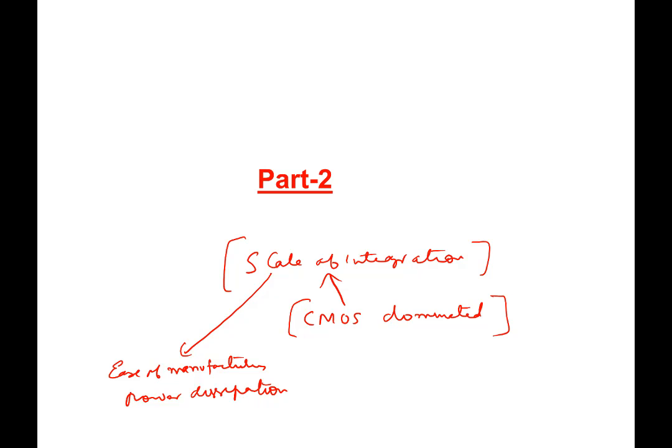And as a result, when you're integrating millions of transistors, if power dissipation is high, then heat extraction and all that becomes an issue. And so that's the other reason why electronics is dominated by CMOS, because of its negligible static power dissipation.